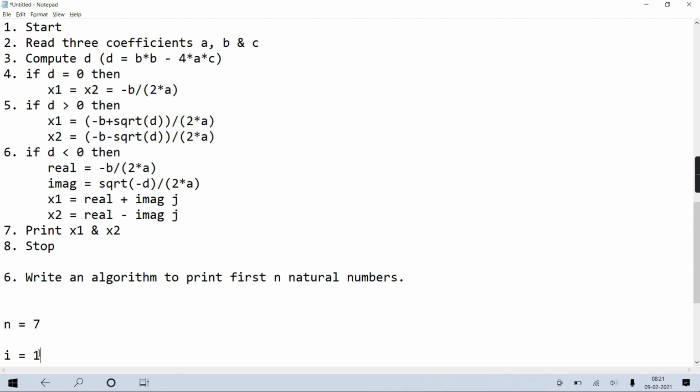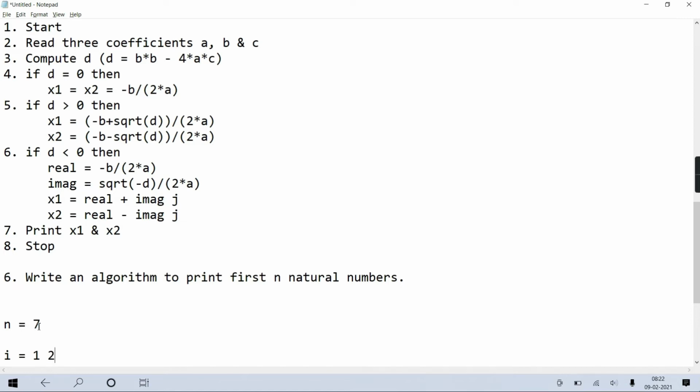Same mechanism here. This I is a variable which will keep count of how many times the printing is done. First time I is 1. Is it greater than n? Initially I is 1. Is it greater than n? No. So print this I, then increase it by 1 and make it 2.